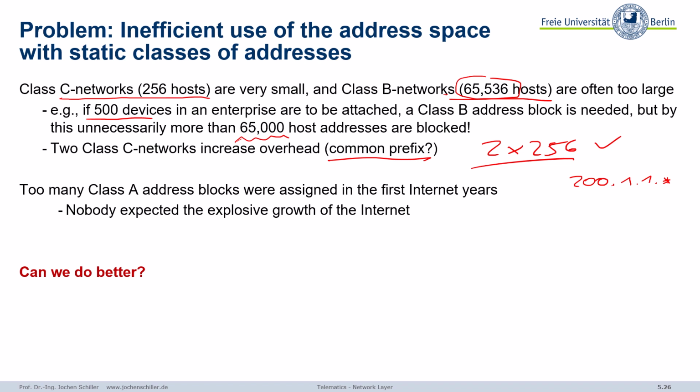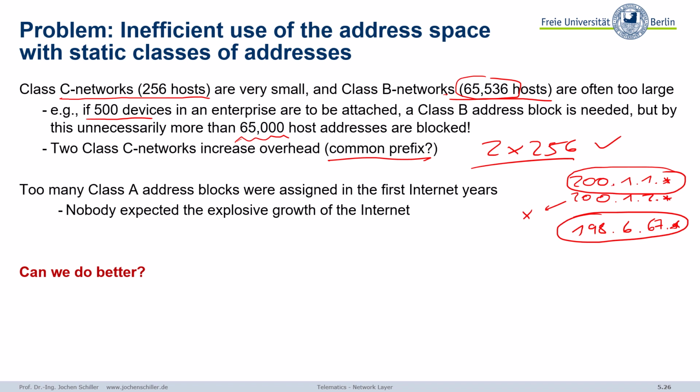Then you grow, and who guarantees you that you now get 200.1.2? Maybe this already went to some company X. So what can you do now? It's way more likely that you additionally get, let's say, 198.6.67, and now you can do whatever you like. So you have addresses in this range and addresses in that range.